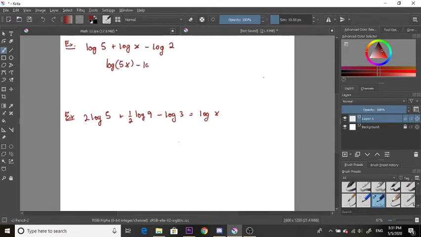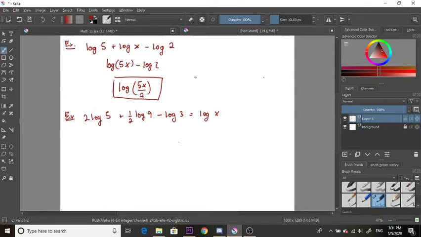And then this log just stays there. Now we're going to combine these two logs with the quotient rule. So this becomes log of 5x over 2. So that is an example of how you would simplify something.